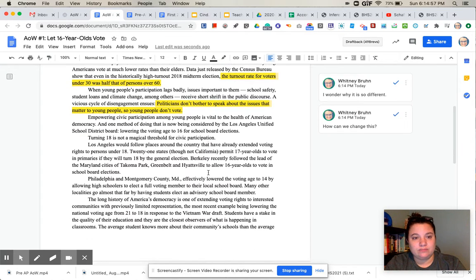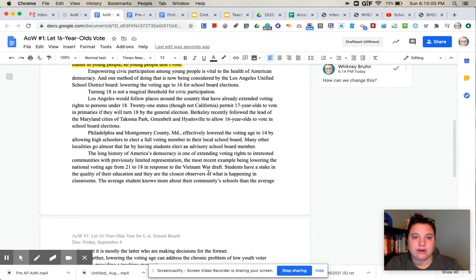Empowering civic participation among young people is vital to the health of American democracy, and one method of doing that is now being considered by the Los Angeles Unified School District Board, lowering the voting age to 16 for school board elections. Turning 18 is not a magical threshold for civic participation.